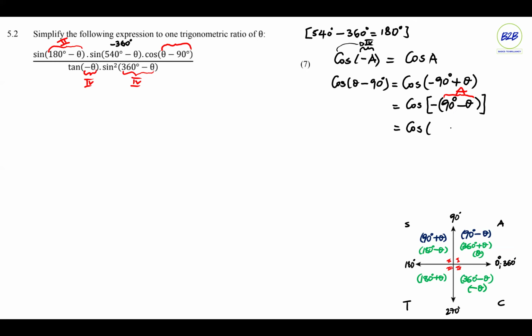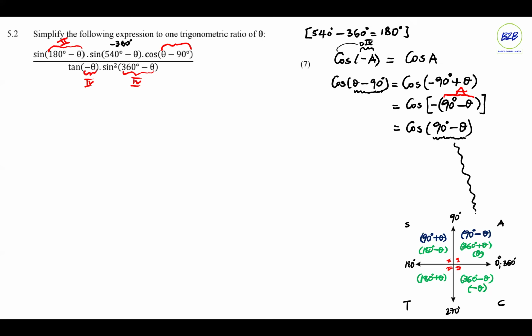But we don't have A here. We are dealing with 90 degrees minus theta. That is how we would convert this reduction formula that is out of space back into space.